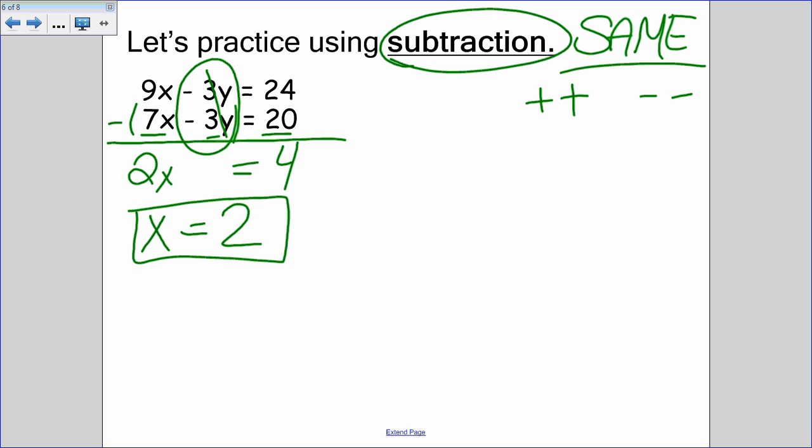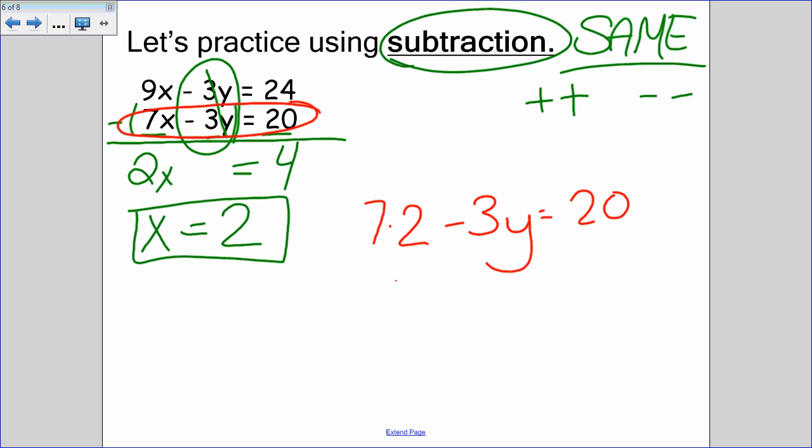Once I know my x, we can plug it in for our y. Let's use the second equation this time. 7 times 2 minus 3y equals 20. 7 times 2 is 14. Minus 3y equals 20.